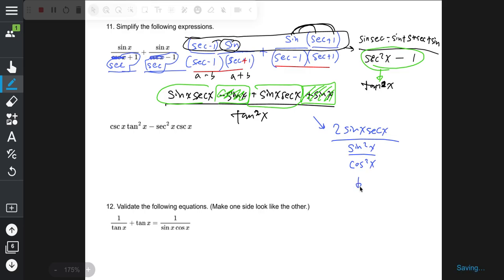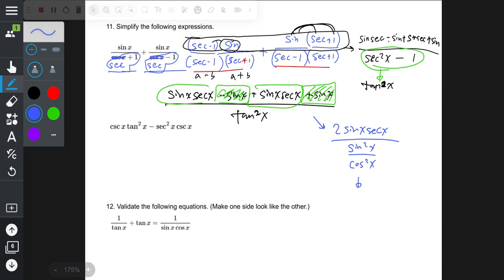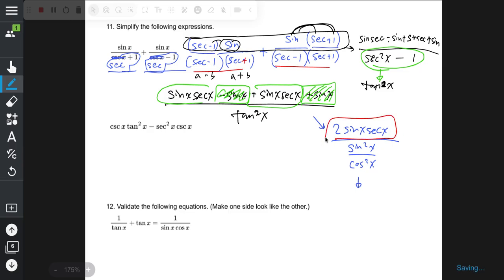It's getting long, but now I'm going to keep this, change, and then flip. I'm going to multiply this times cosine squared x over sine squared x.